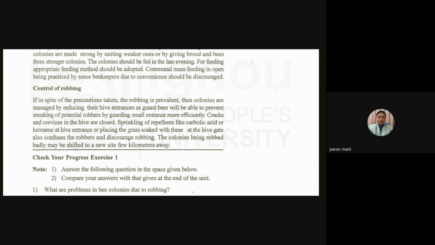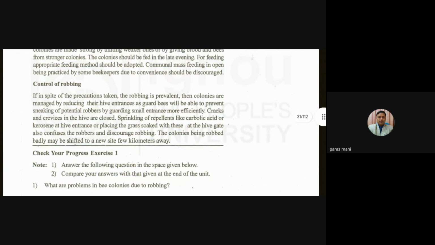If an apiary contains some 20 boxes, we should not keep a common food source in the middle. It leads to fighting between the workers of different colonies, and the workers may be lost. They may kill each other. So we have to give the feed separately for each box, within the box.